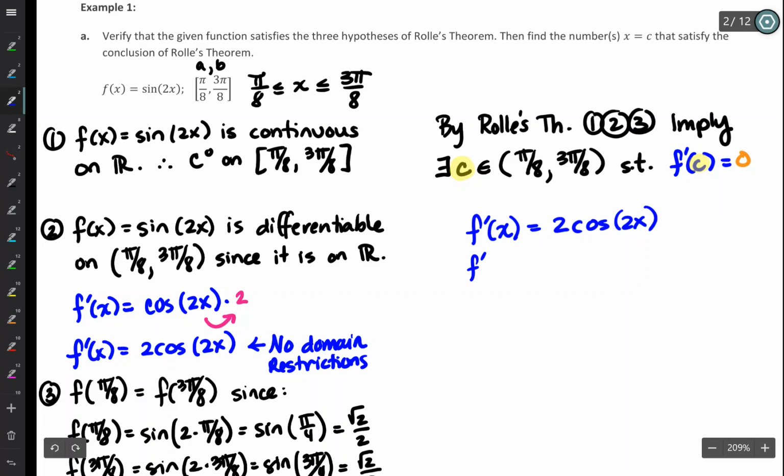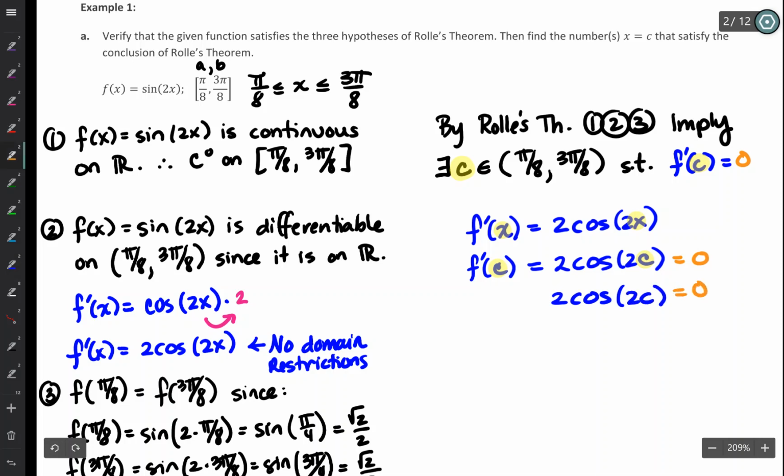Let's put c for a specific x value. We want to find that c that makes this equal to 0. So 2 cosine of 2c is 0.